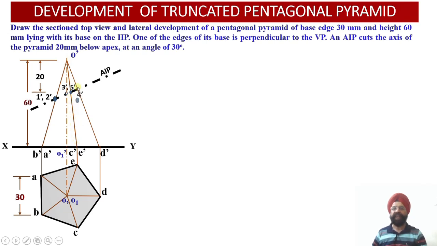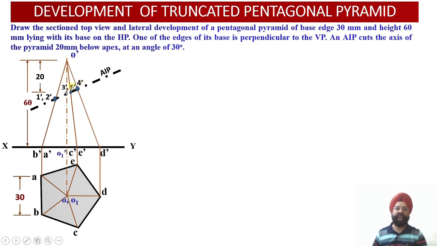And finally the 5th point, point number 4, lies on the generator O dash D dash. So O dash D dash, the front view projection corresponding to the slant edge O4, has been cut by the AIP at the point 4 dash. You see all the 5 points of intersection have been appropriately identified and located in the front view.